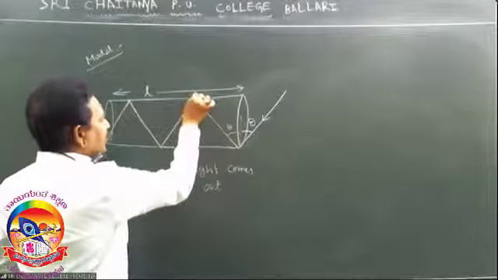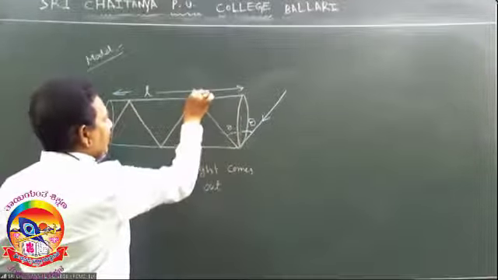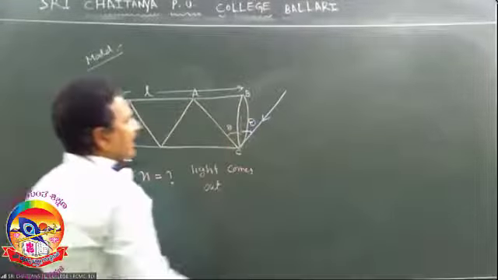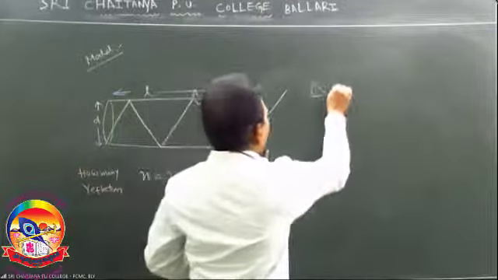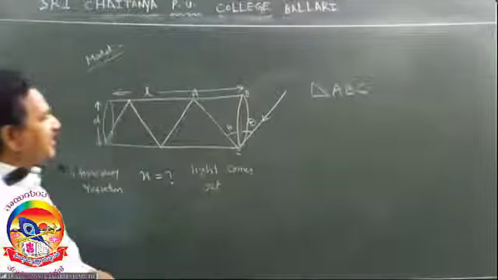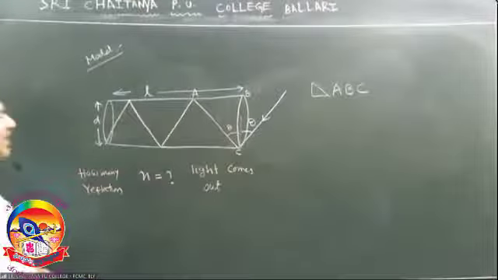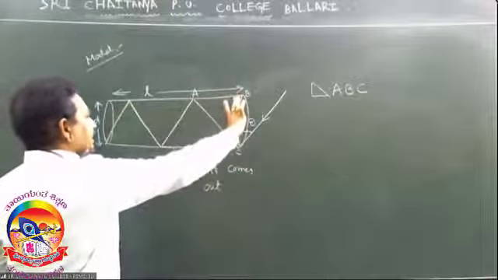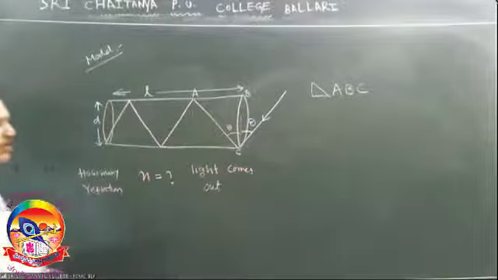Suppose this is A, this is B, this is C. ABC is a right angle triangle. AB is the opposite side. BC is the adjacent side. Only two steps to the answer.